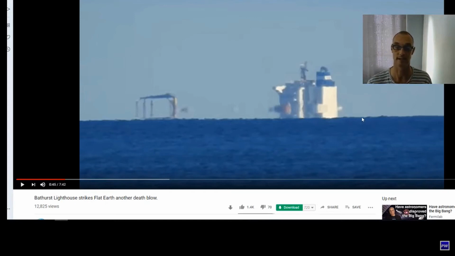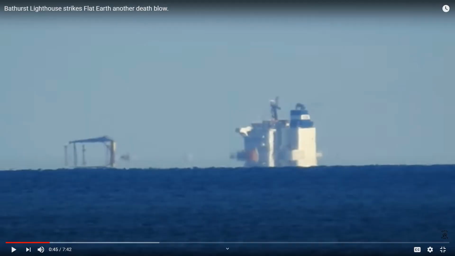We have this apparent horizon line here, and then we have mirroring of the ship that is actually just blocking the rest of the view of the ship. This is so obvious, and of course down here what we have is mirroring of the sky. So we just have to look, and this is a natural optical phenomenon which we'll have a look at in a second. So yes, Phuket Word is correct.